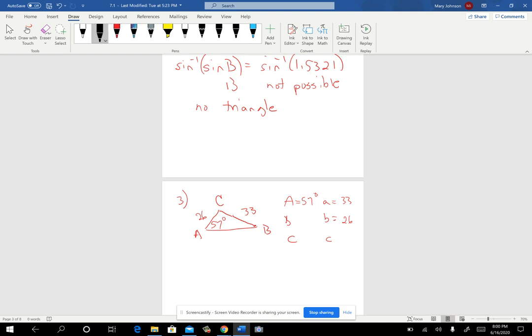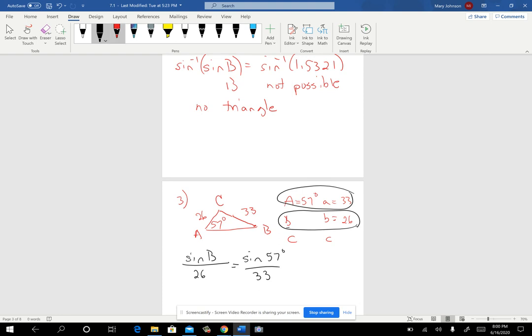Our job is to find all the rest of these. So again, we can use the proportion that has the A's in them. And we know b is 26, so we'll use it. This is the unknown, so I'm going to put it in the top left corner. Sine B over the length of side b should equal the sine of 57 over 33. 57 was angle A, 33 was the side opposite that.